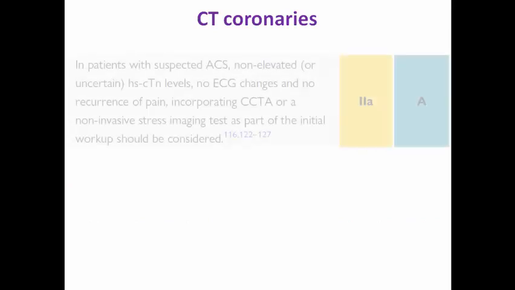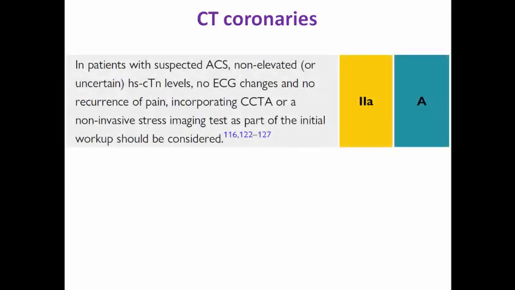So the recommendation so far is that in patients with suspected acute coronary syndrome, non-elevated high sensitivity cardiac troponin levels, no ECG changes, and no recurrence of pain, you can use CT coronaries or non-invasive stress imaging as part of the initial workup.